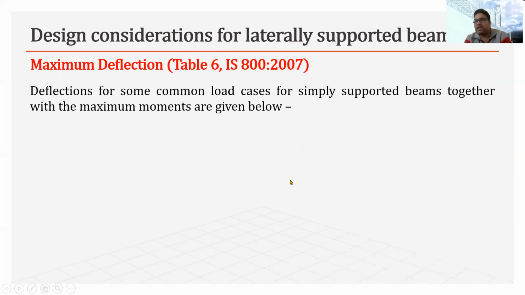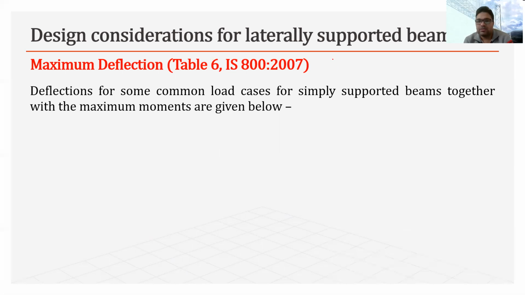Now, how do we find out the actual deflection? Basically, to check the deflection limit, there is a limit given in the IS code. For the beam to be safe in the maximum deflection criterion, the actual deflection in the beam should be less than the permissible deflection as per the IS code.